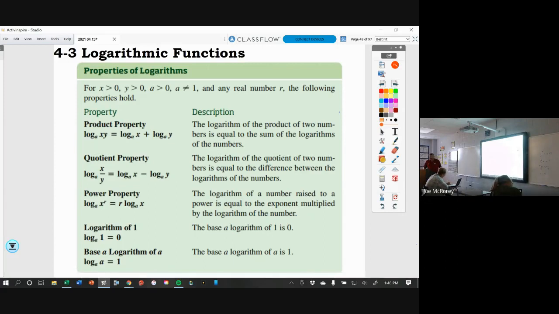When you take the log of 1, it's 0. Always. The log of 1, I don't care what the base is. The log of 1 is 0. And this one I'm going to say the base. The log of a, base a, is 1. The log of 6, base 6, is 1.